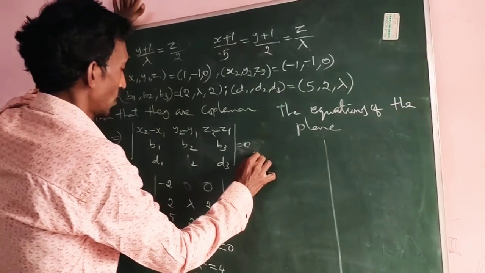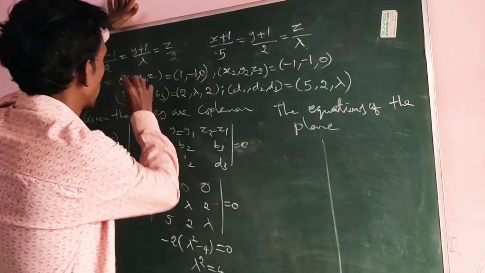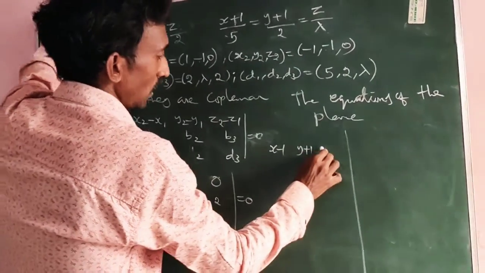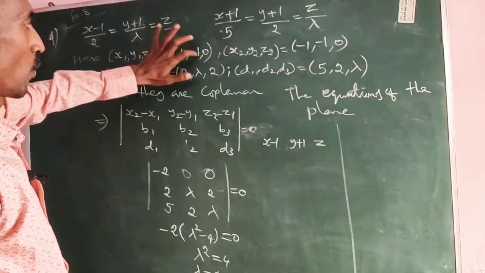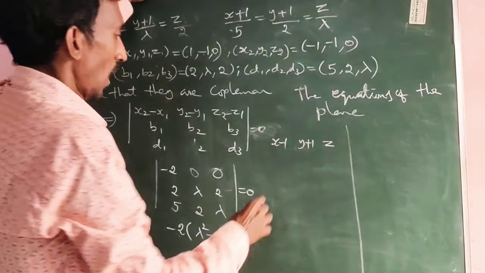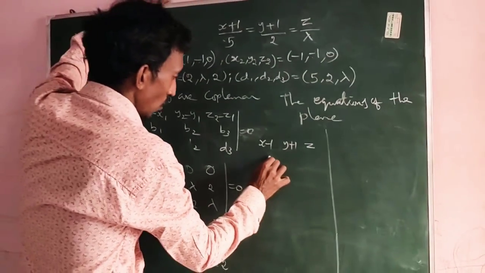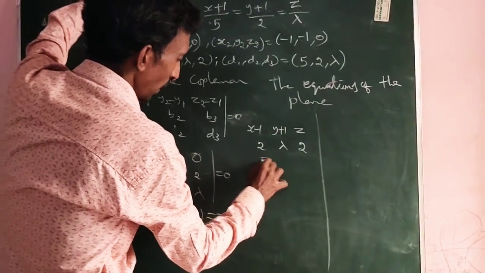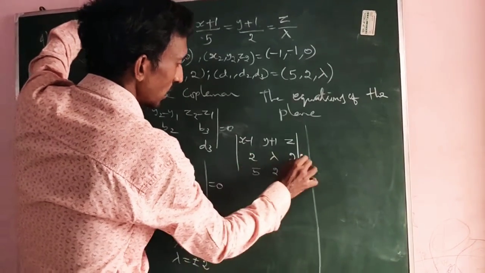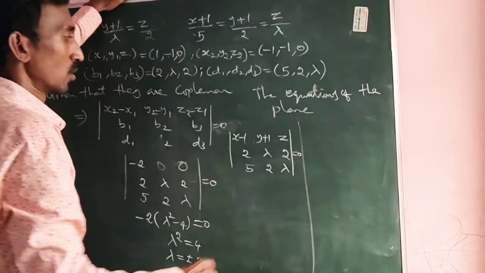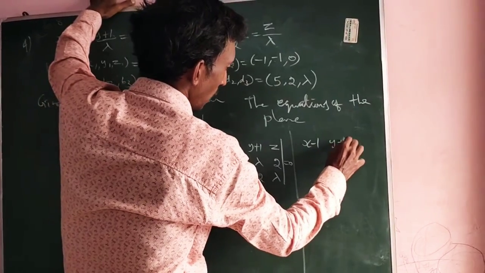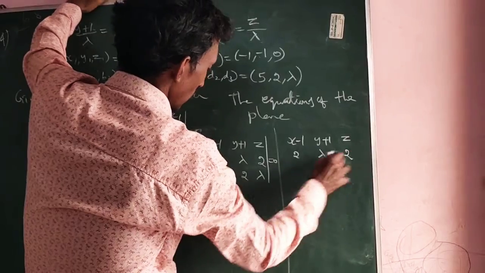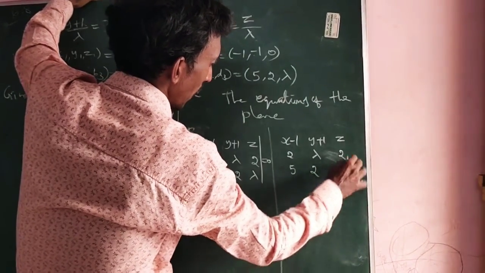So x minus 1, y plus 1, z, 0 as the x1, y1, z1 values, and b1, b2, b3: 2 lambda 2, and 5 2 lambda, which is equal to 0. Here also the same: x minus 1, y plus 1, z, 2 lambda 2, 5 2 lambda.